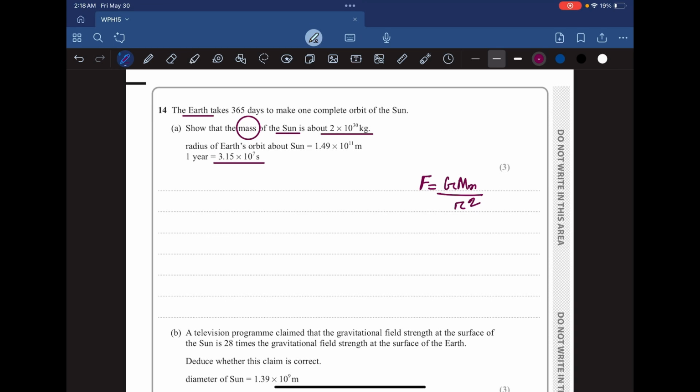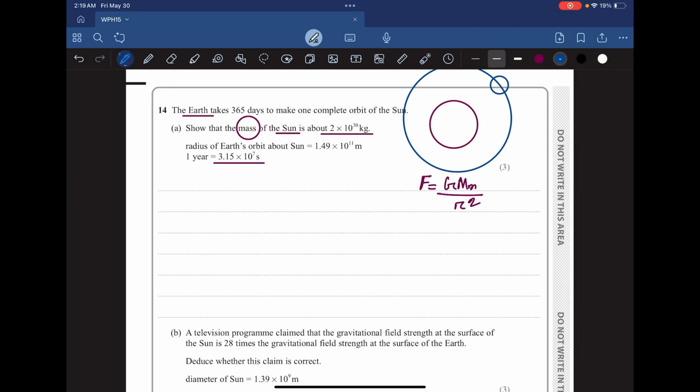As both of them have mass, both of them will be exerting gravitational force on each other, right? Let's say this is the Sun, and this is the Earth. So the Earth is actually revolving around the Sun, right?